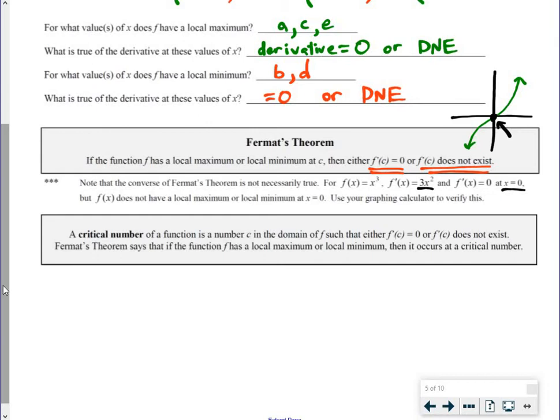You can usually use your graphing calculator to verify that. Sometimes it's a point of inflection. That's what that's called. It goes from curve down to curve up.